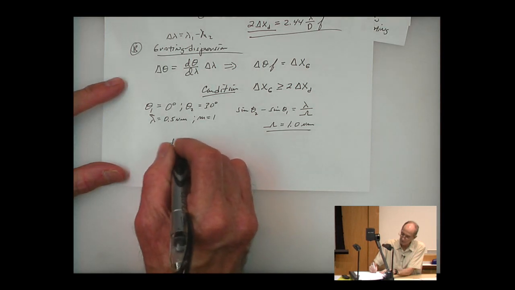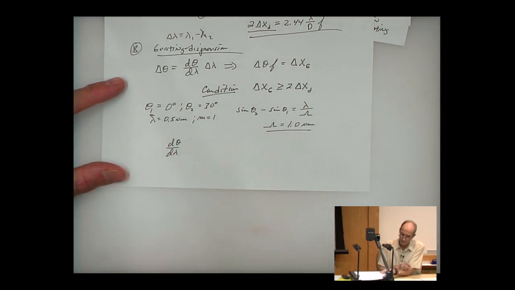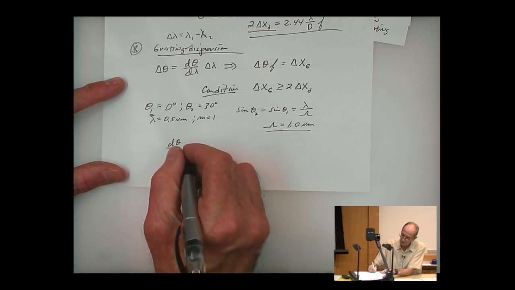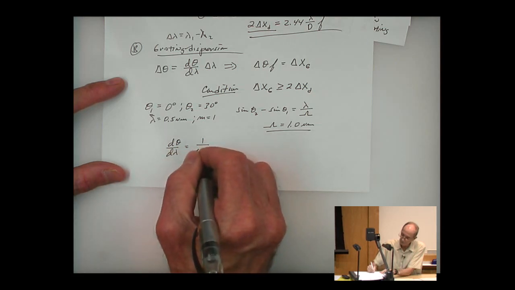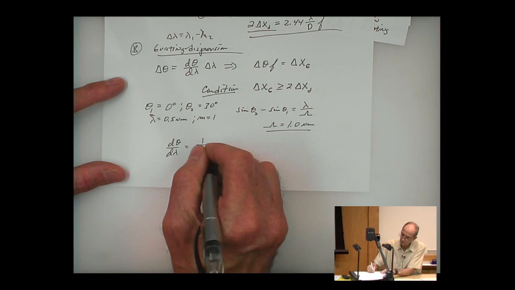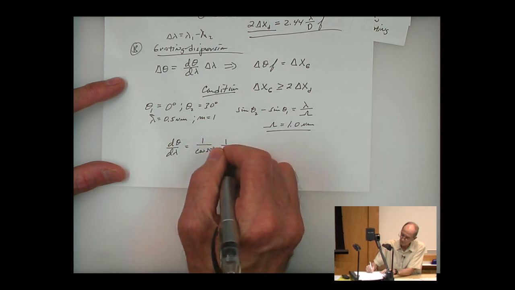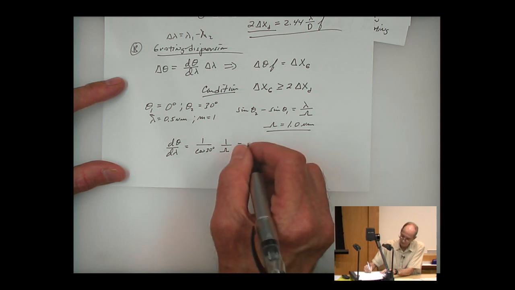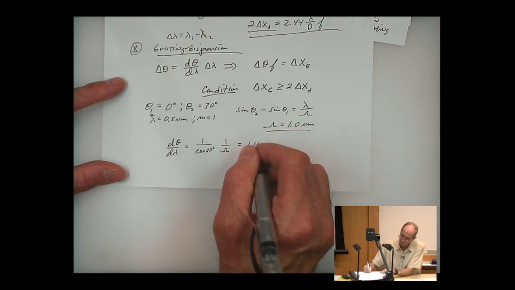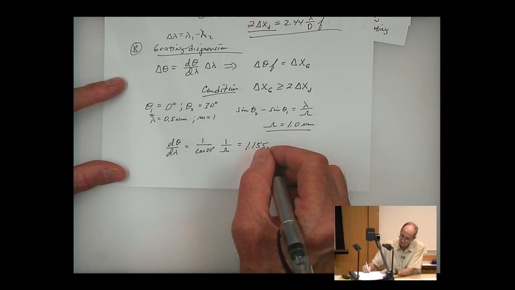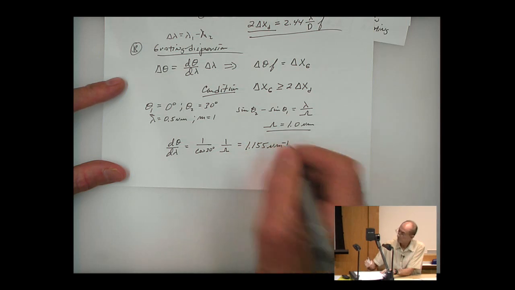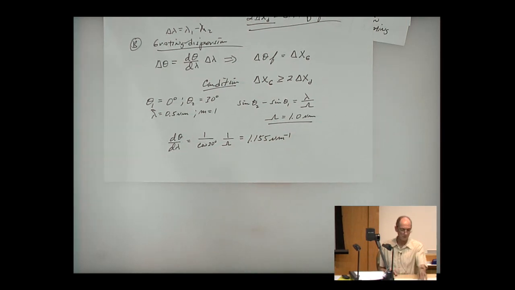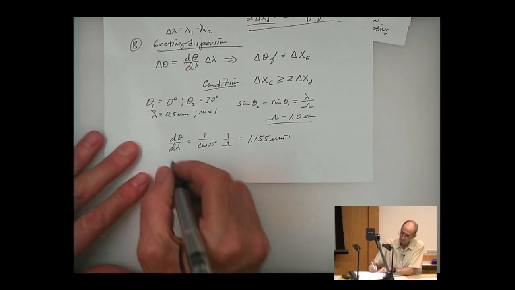So now d theta d lambda is just 1 over cosine 30 degrees times 1 over the period, and that works out to be about 1.155 inverse microns. All right, and now for the lens parameters.